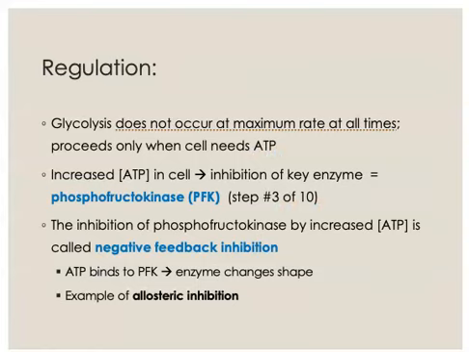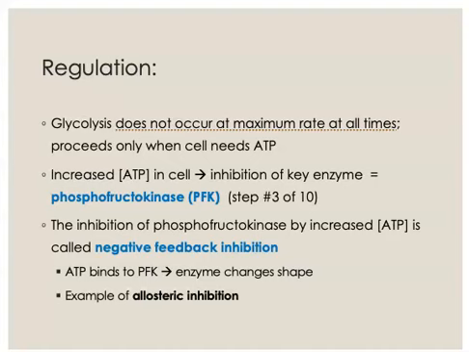Now, glycolysis has to be regulated. Remember, we said cells are very thrifty, and a cell is not going to go through the process of glycolysis unless it needs to. So that means that it's not going to happen at a maximal rate at all times. It's only going to happen at its maximal rate, at its optimal rate, when a cell has a need for ATP.